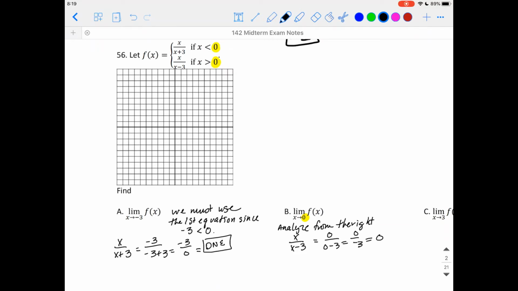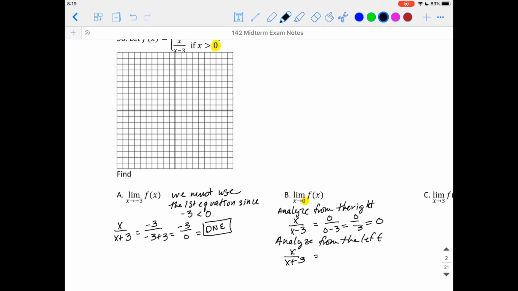And so analyzing from the left, we're going to have to use x over x plus 3, because x less than 0 is on the left hand side.